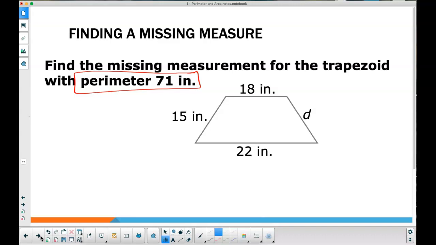You can take 71 minus 18, 15, and 22. So if I just subtract all of those things, we'd have whatever's left for D, and it would be 16. Okay? If we know the whole amount, we can subtract everything off, and we can have what's left. Okay, perimeter's pretty easy.